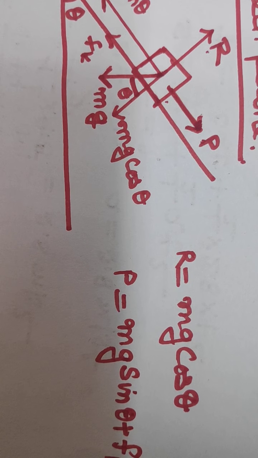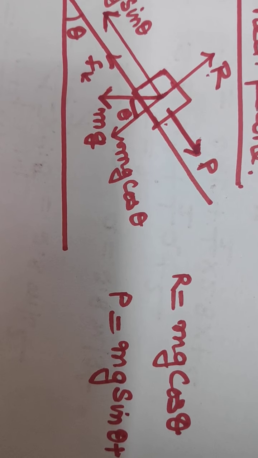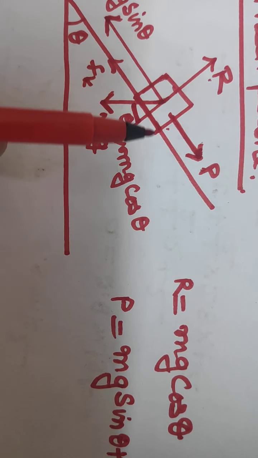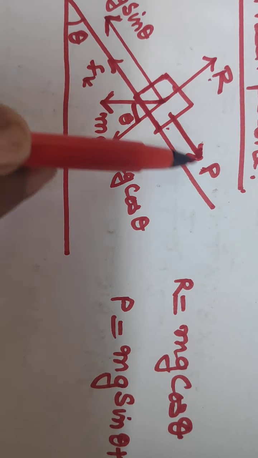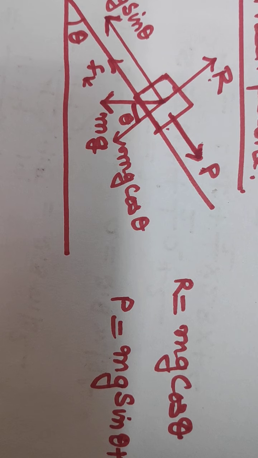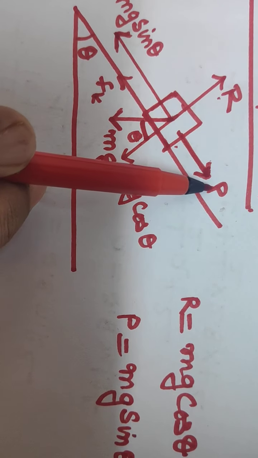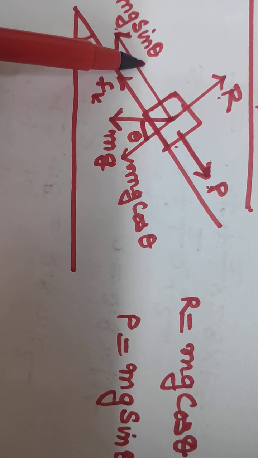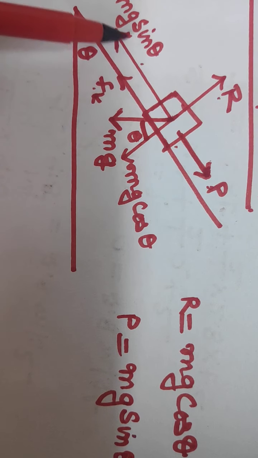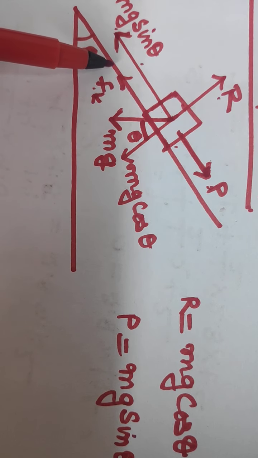You can see in the diagram that when the object is moving upward with uniform velocity, no net force is acting on it, no acceleration. In that case, the force P must be equal to mg sin theta plus Fk, because both forces act in the downward direction.